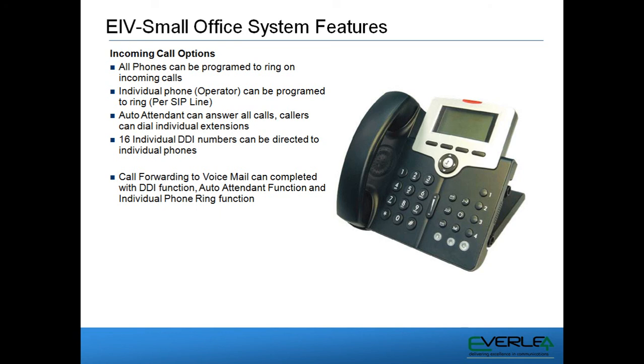Now the ePhone uses a SIP refer method for call forwarding, so essentially what that means is that once the call comes in and it's either call forward all or call forward no answer or call forward busy, it'll do a SIP refer to forward the call off. That means it's not actually going through the EIV system. It transfers it off the system back into the ITSP network and leaves the EIV lines free for more calls to come in.